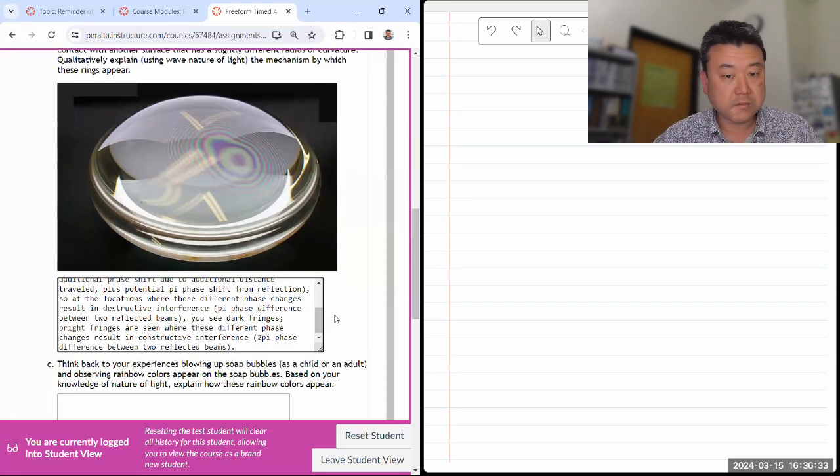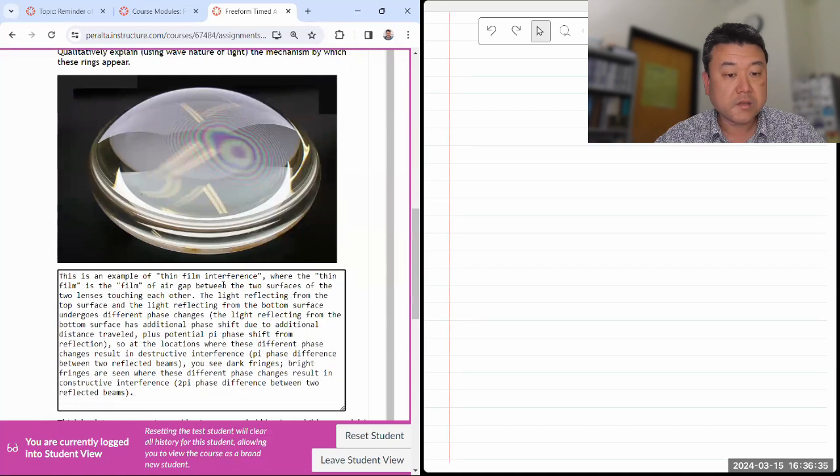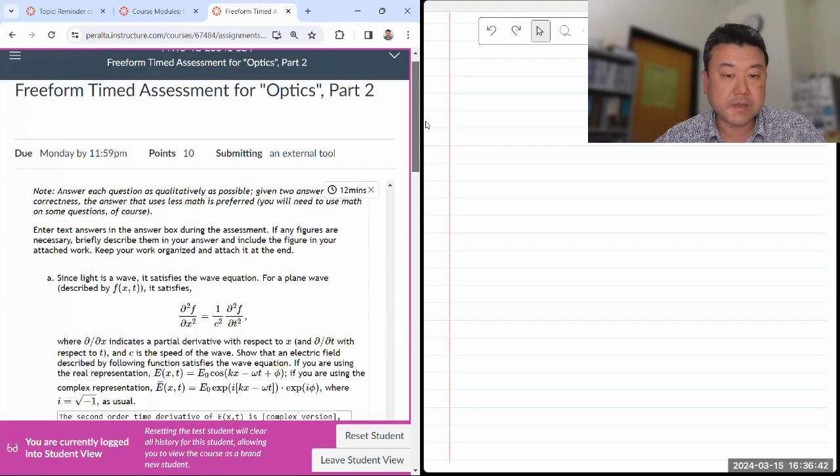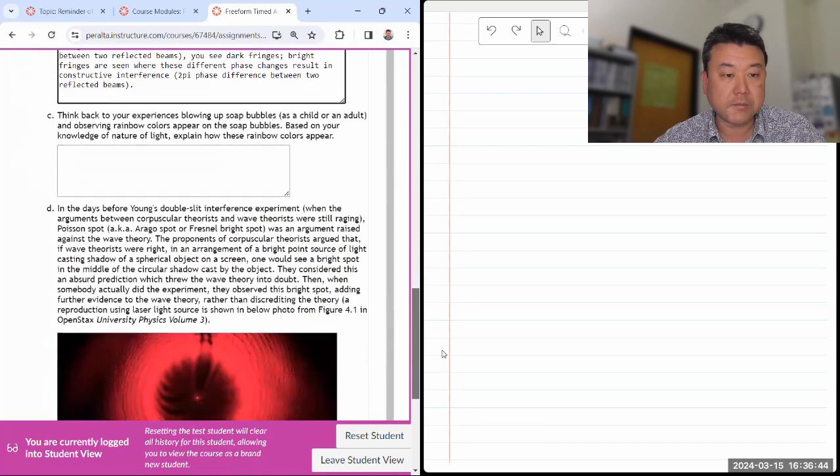Alright, so that's the kind of qualitative explanation. Thin film interference would be the key reference that would indicate this person knows what they're talking about.